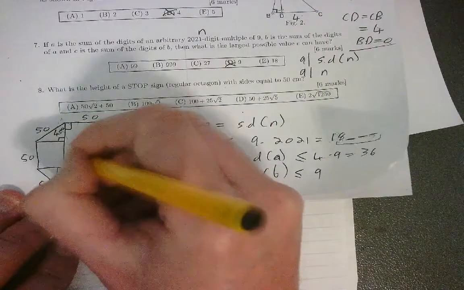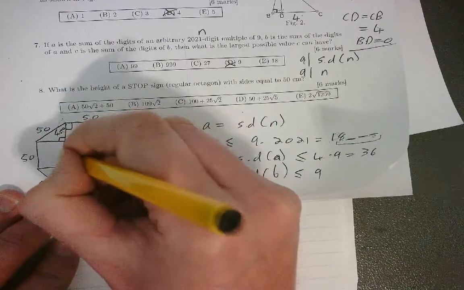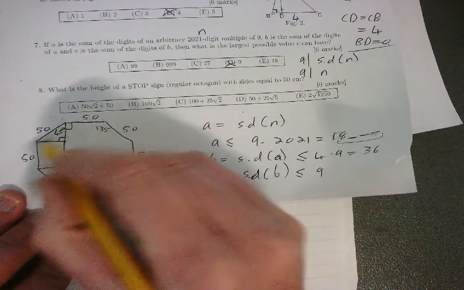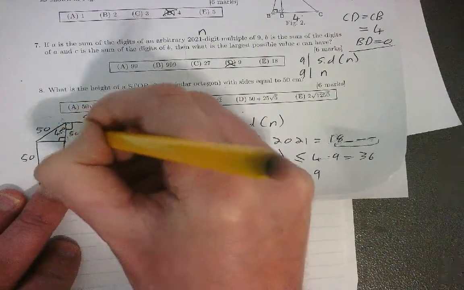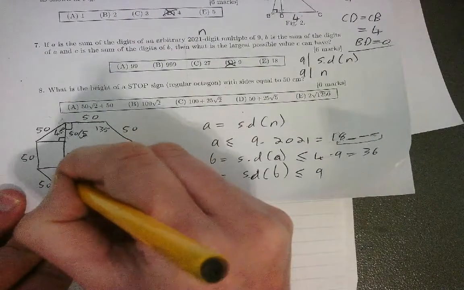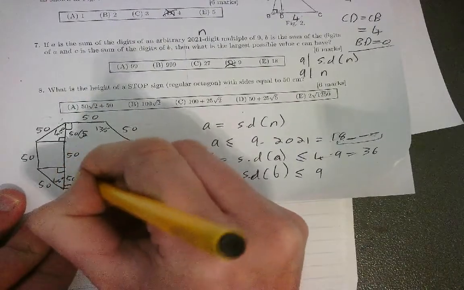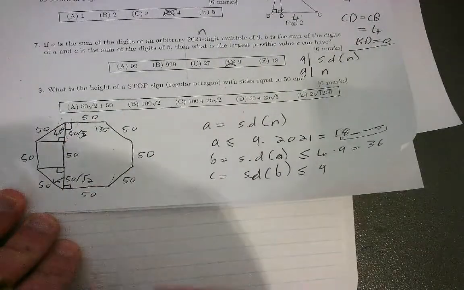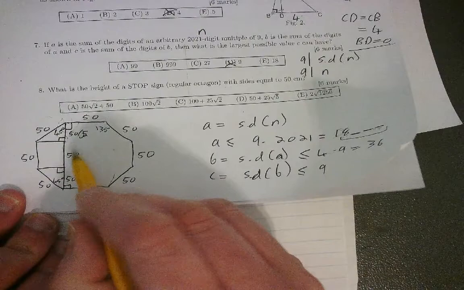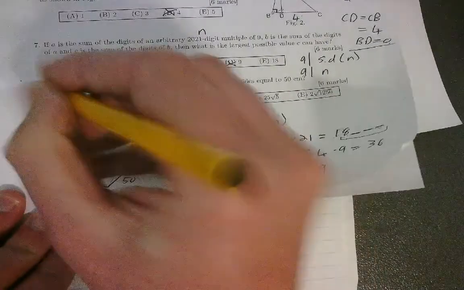Then this is a rectangle, so this part will be 50. This is that special angle triangle, so this will just be 50 divided by the square root of 2. This will also be 50 divided by the square root of 2. Adding everything up, we get that this is 50 plus 2 times this, which simplifies down to a.